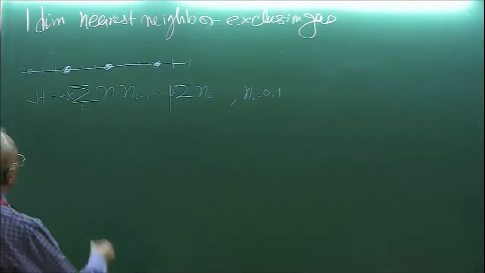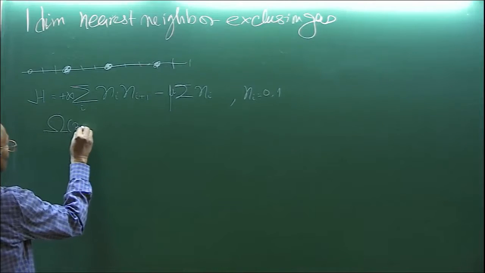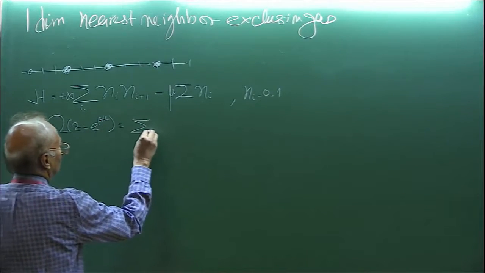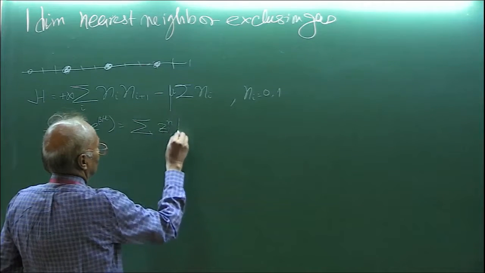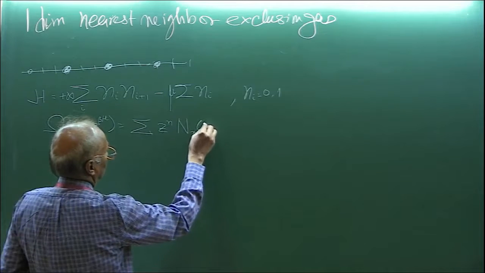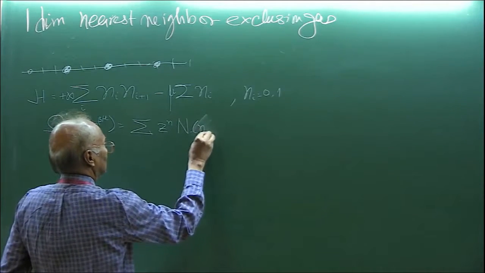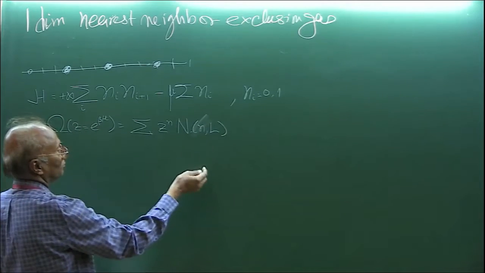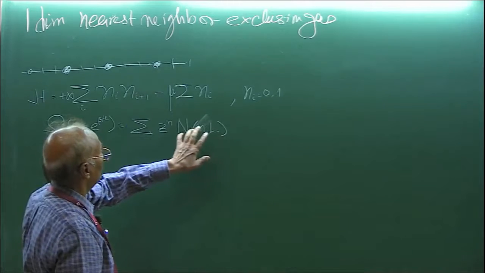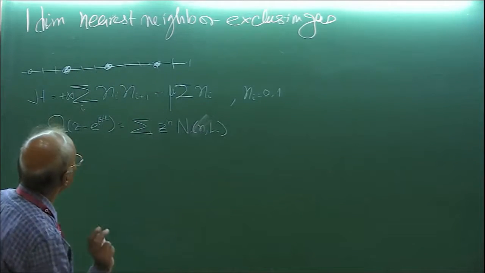And then you just have Omega of z, where z is equal to e to the power beta mu, equal to the summation of z to the power n times N(n, L), the number of ways of putting n points on a lattice of size L in allowed configurations. Okay, so that's easy to do.